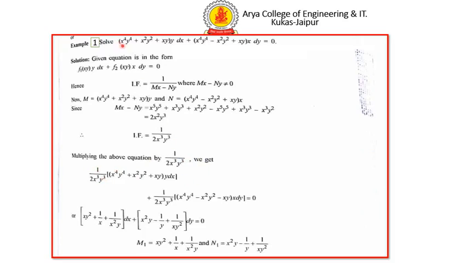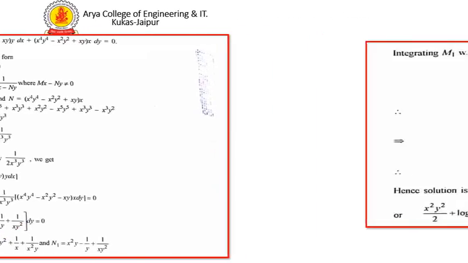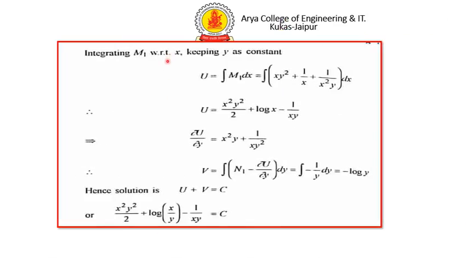Multiplying the given equation by this factor, we get this equation. Now we take the coefficient of dx as M1 and the coefficient of dy as N1 and check the exactness of the equation. Now this equation is exact, so we follow the procedure to solve an exact differential equation.